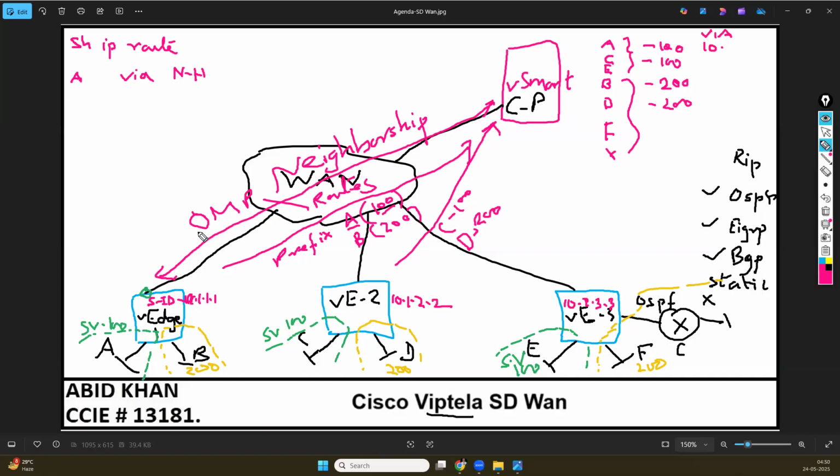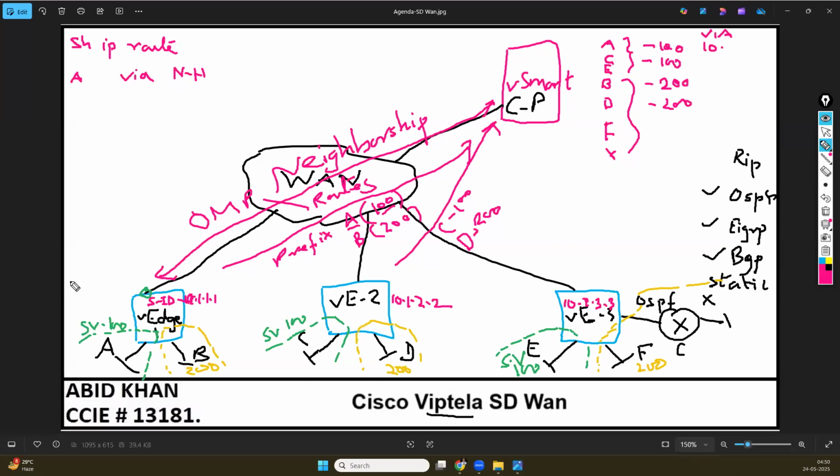With IGP, we have reachability. Once we have IGP reachability, then what do we do? We configure what? BGP. And in BGP, we advertise what? The prefixes. So to understand OMP, one needs to have an understanding of BGP. OMP is similar to BGP.